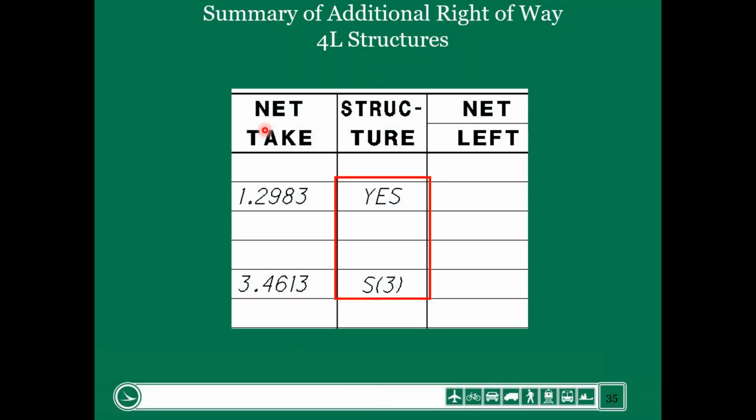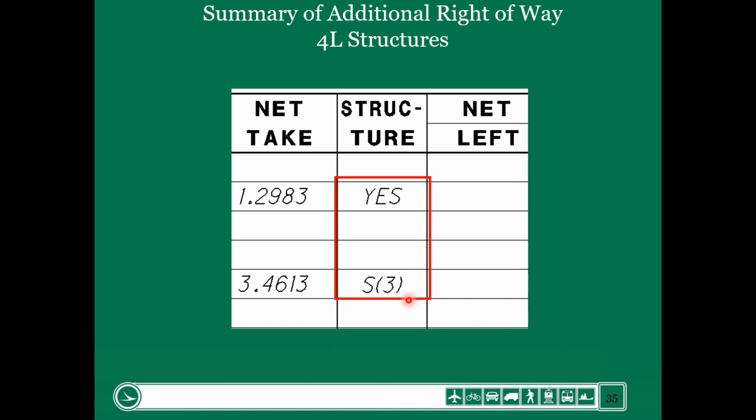Now, moving on to some other columns on the summary sheet. After the net residue and the net take, we have what's called the structure column. Essentially what that means is, is there a structure in the take area or near the take area? And the S means, is there any privately owned signs in the take area?